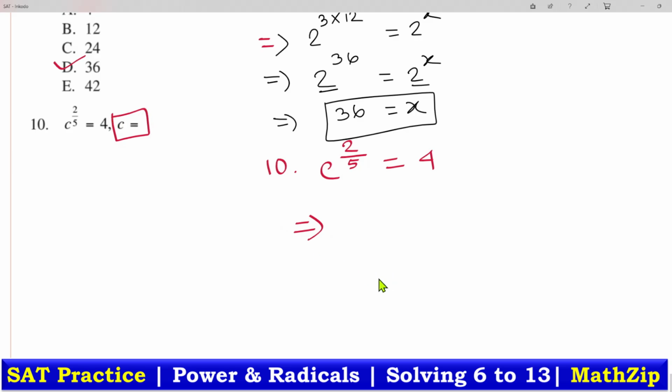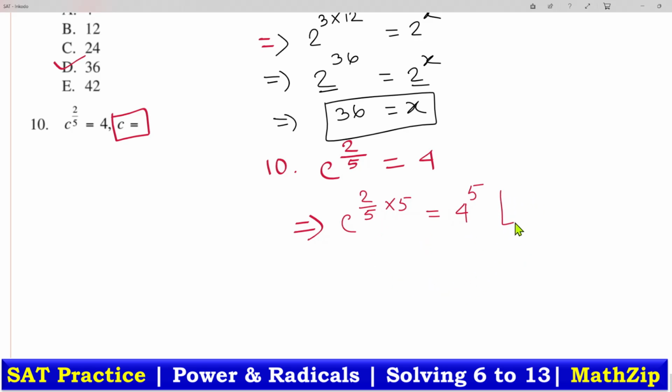So c to the power 2 by 5, we have to remove this 1 by 5. So we can raise both sides to the power of 5. It means c to the power 2 by 5 times 5 equals 4 to the power 5, right? This one we can write.